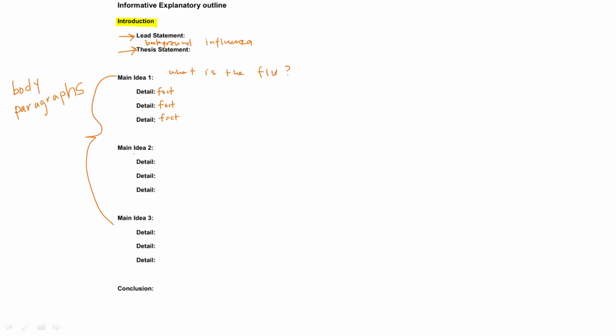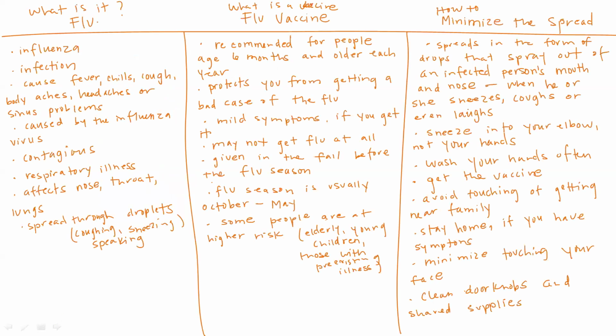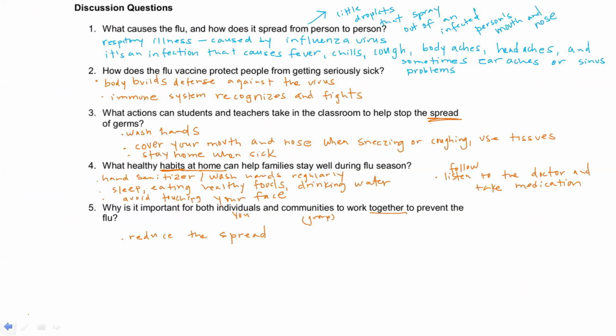The second body paragraph, you're going to talk about the vaccine. And you're going to select some details, some facts to explain. And you can choose how you want to do that. You can go to the chart here and select information from here. You can go to the text.